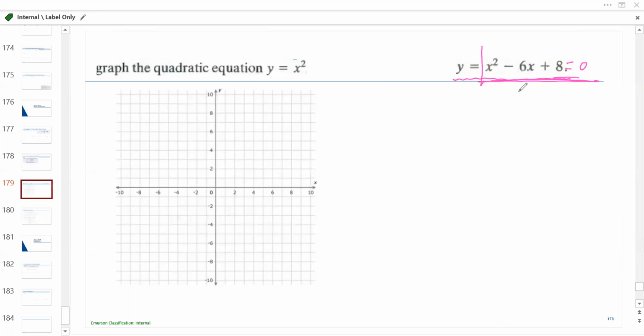So this one changes into what? We do the complete square. So plus 9, right? This is 6 divided by 2, squared, which becomes 9. So we minus 9 again and copy down 8 equals 0. So this is the complete square.